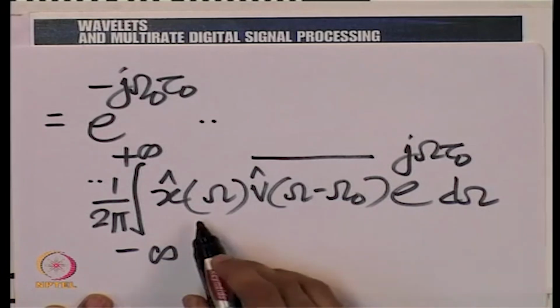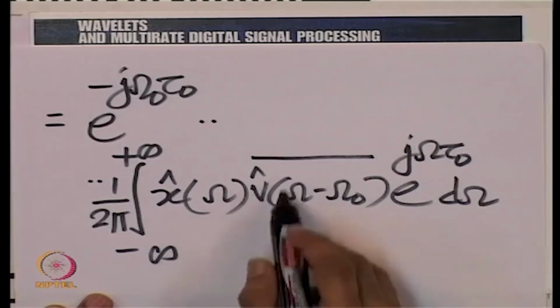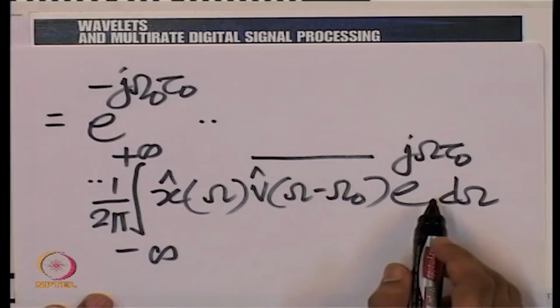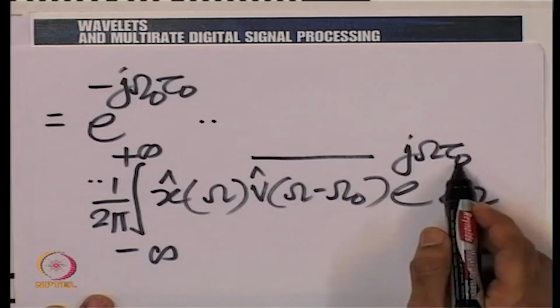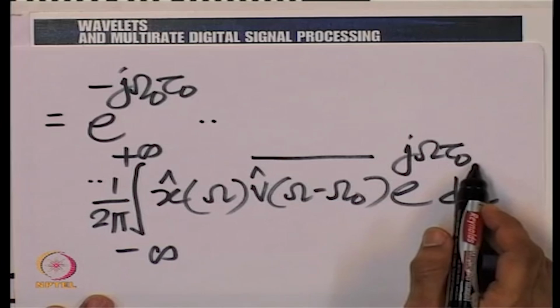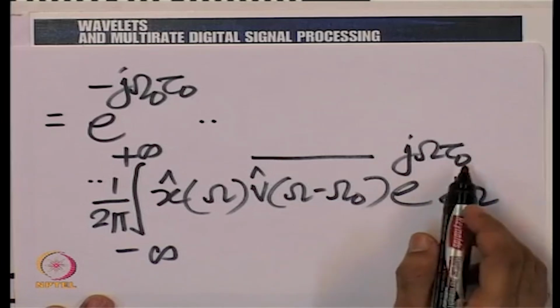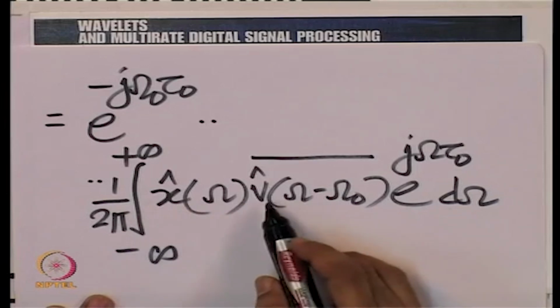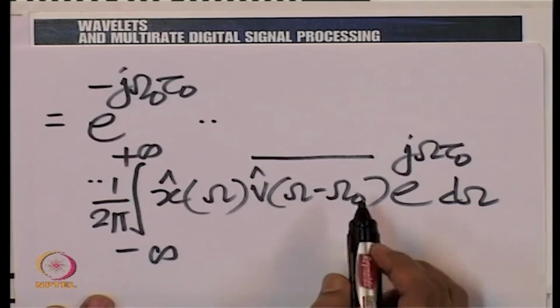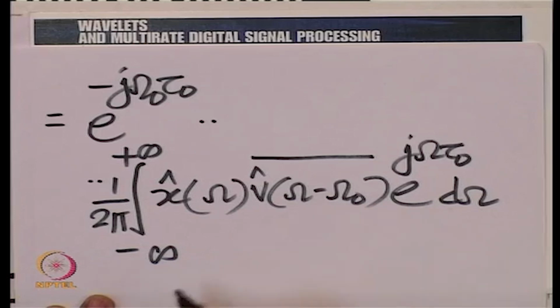And now we have a very beautiful interpretation for this. This looks very much like an inverse Fourier transform, if you think about it. It is the inverse Fourier transform evaluated at the point tau naught. Inverse Fourier transform of what? Of the Fourier transform of x multiplied by the Fourier transform of the window shifted to lie around omega naught.